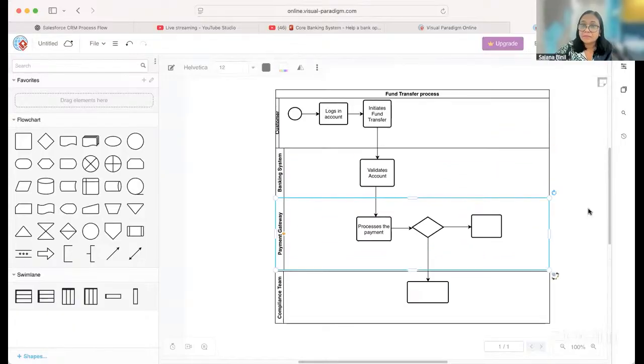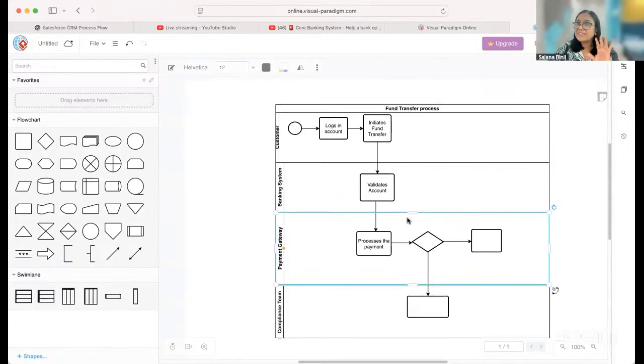Is that something we could do in a real life environment? That's a good idea. But ideally, what I suggest is, I'll show you. Let me bring up this diagram once again. This diagram that we have just created, we have created a high-level diagram.